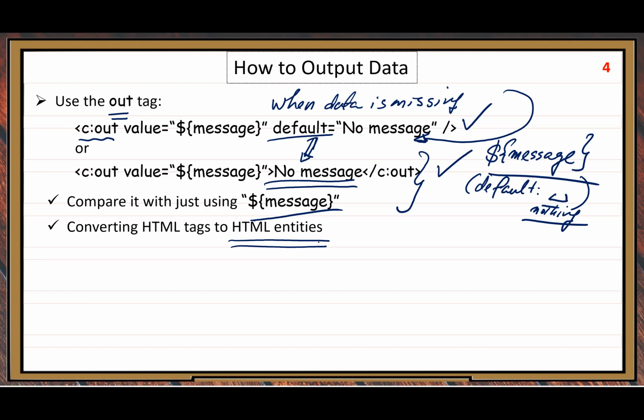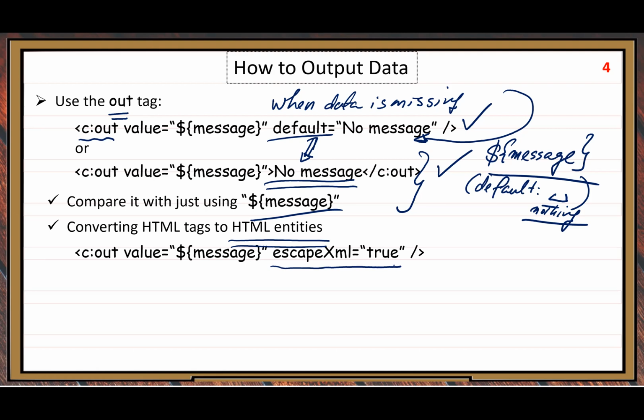Tag-related symbols we use inside HTML content. You need to consider what is the exact meaning you want to display. So look at this example: c:out message escapeXml attribute equals true.